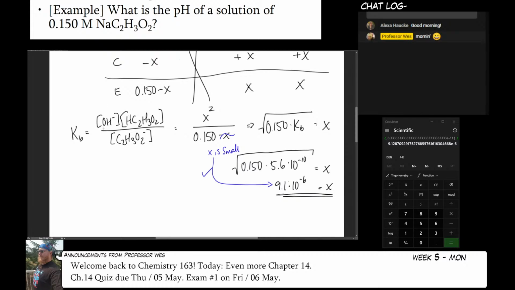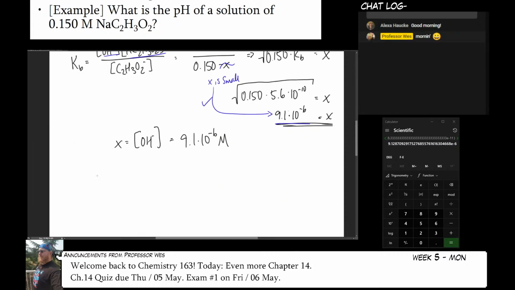So X was hydroxide and acetic acid, so that means that our concentration of hydroxide in our solution must be 9.1 times 10 to the minus 6 moles per liter. And then if I take the pOH of that, that's just minus log of that number. And the pH is just 14 minus that number.